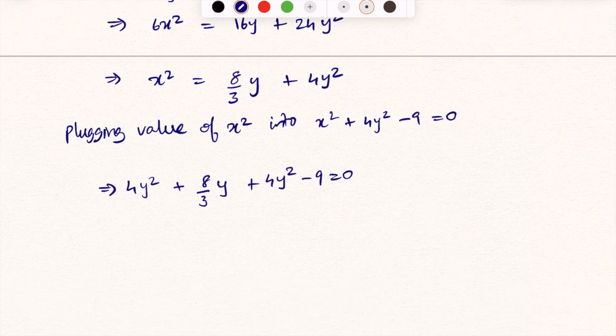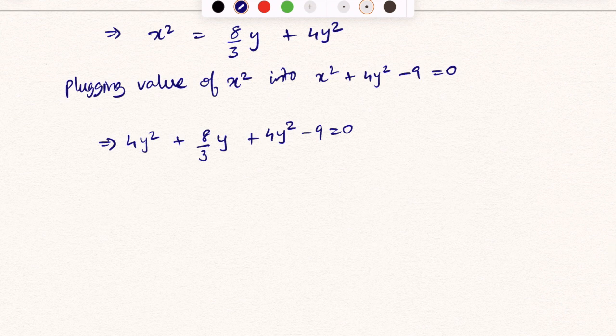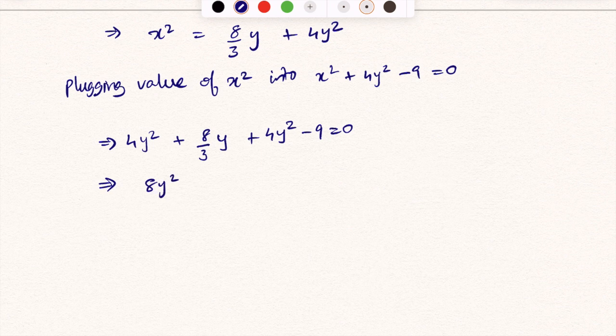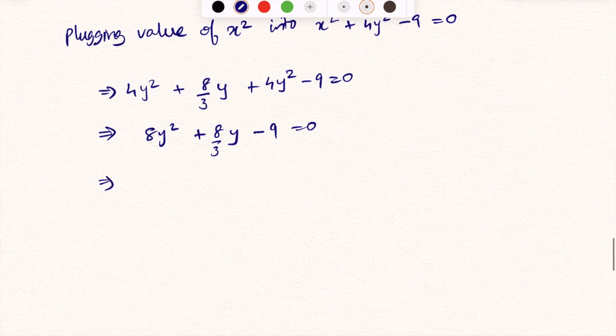And again, at this point, we have an equation in terms of y, so let's solve for values of y, which would be 8y squared plus 8 thirds y minus 9 equal to 0. I'm going to divide by 8 to end up with y squared plus 1/3 y minus 9 over 8 equal to 0.